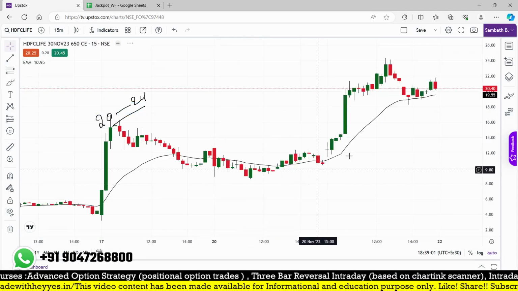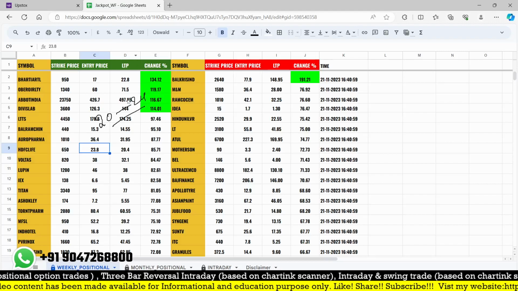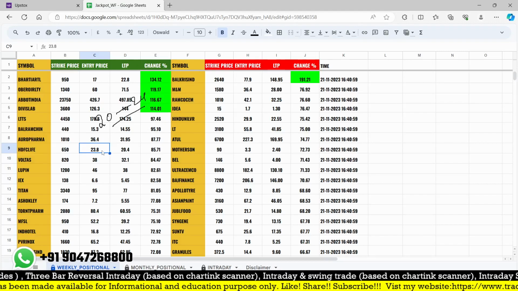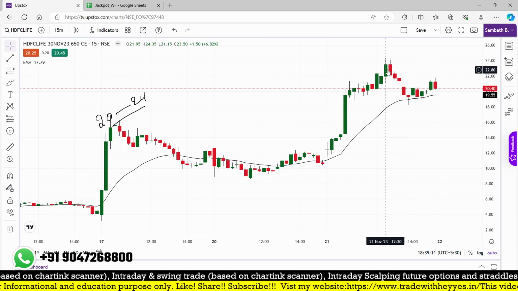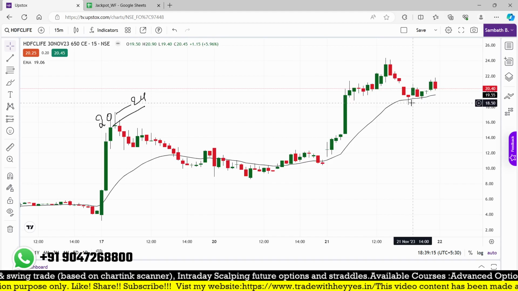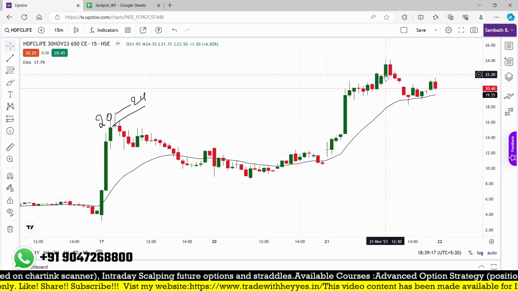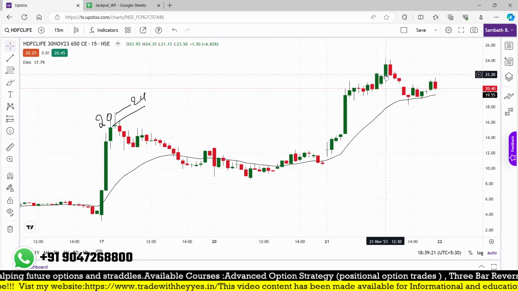I'll show you that. Here it went up to 24. That means it has already triggered our entry point 23.8, and today it triggered more than 24.35. So it simply triggered our entry. After triggering that entry, it moves down, and you can see the price triggered around 12:30, which is after 9:30.